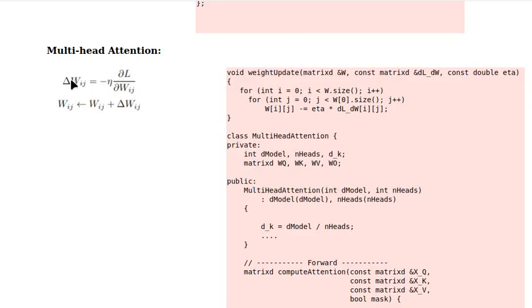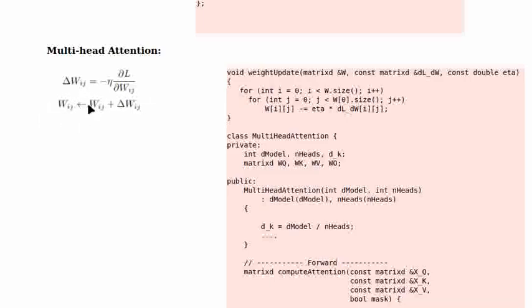Lastly, let's discuss the implementation of the backpropagation of multi-head attention. Here we need a function to update the weights. We call it the weight update. The weight update is given by these formulas.